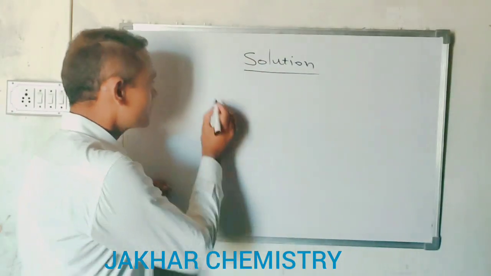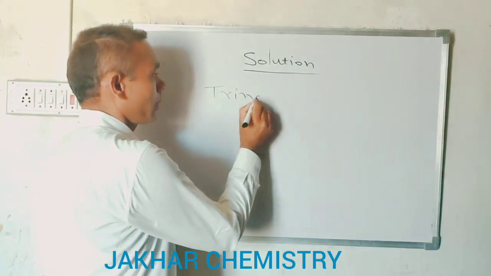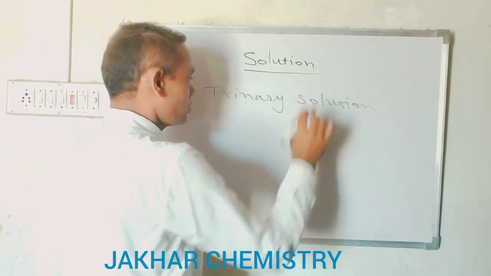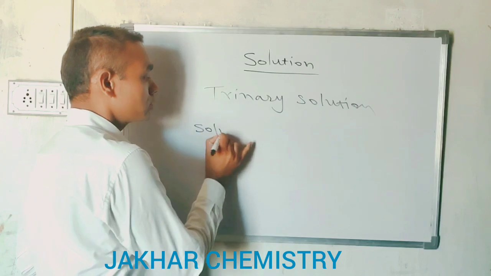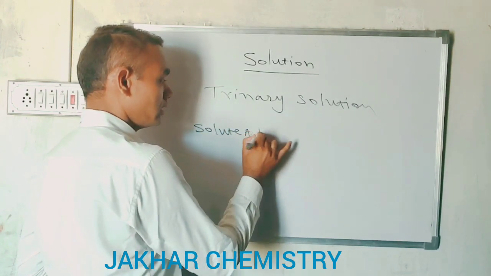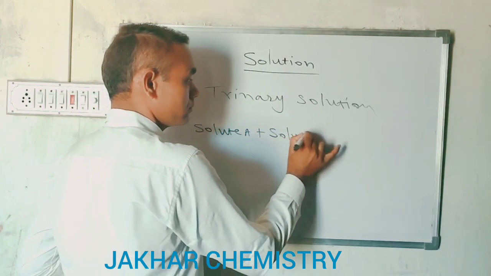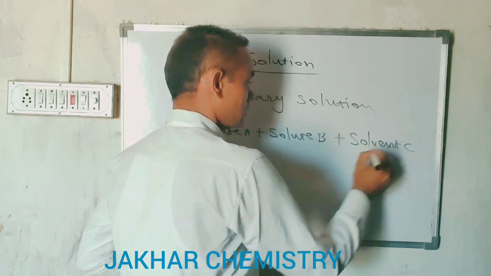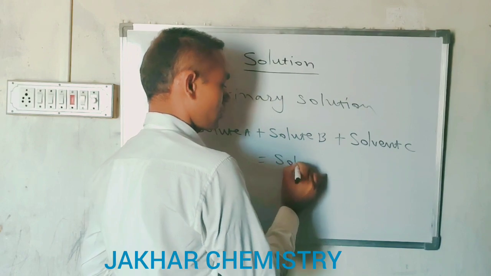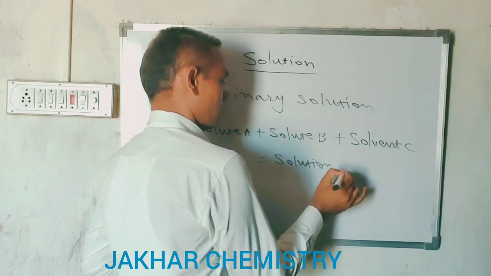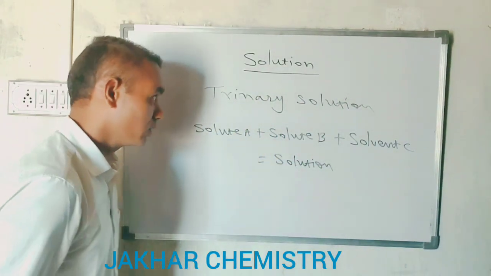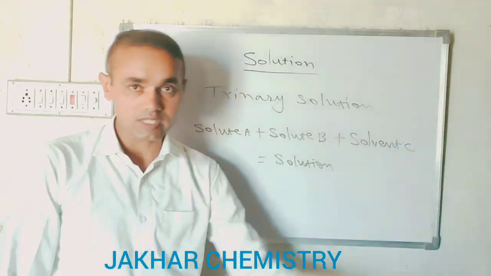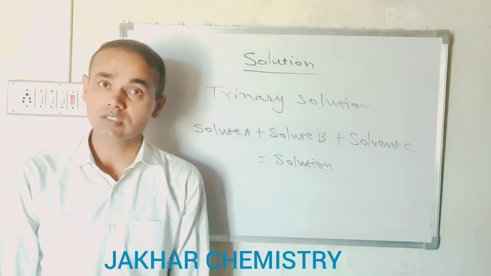So in case of a trinary solution, there are two solutes, like solute A plus solute B, and one solvent, like solvent C, forming the solution. So do remember, for any polynomial solution, the solvent component is always one and all other components are solutes.